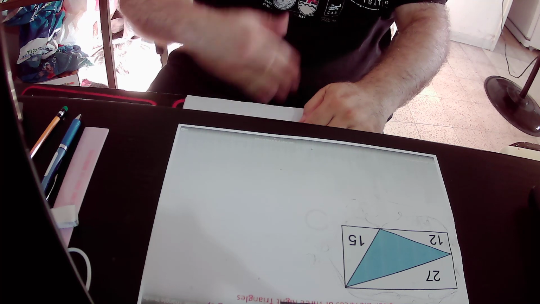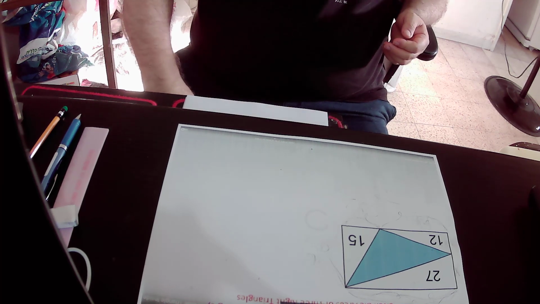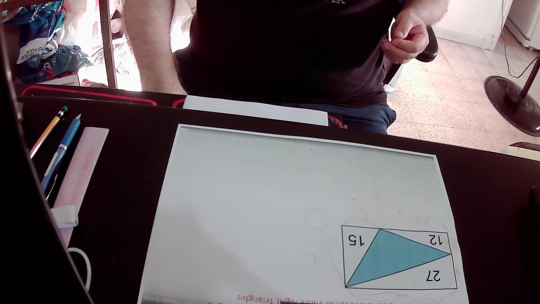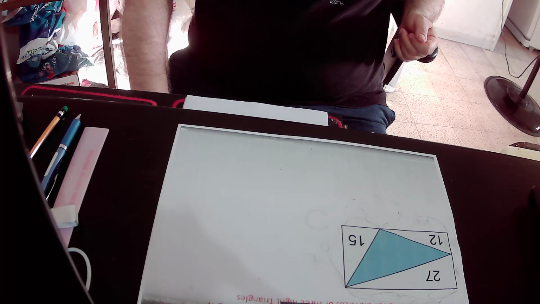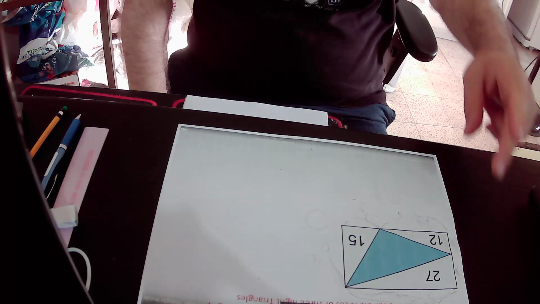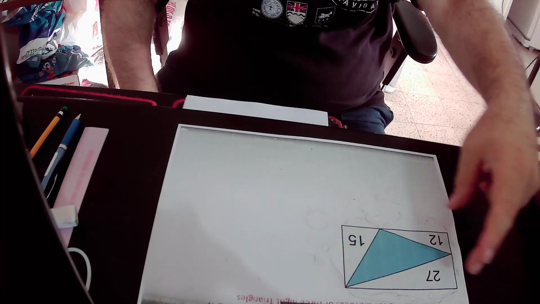So in order to find out the area of the blue triangle, the only thing that is missing is the area of the rectangle.